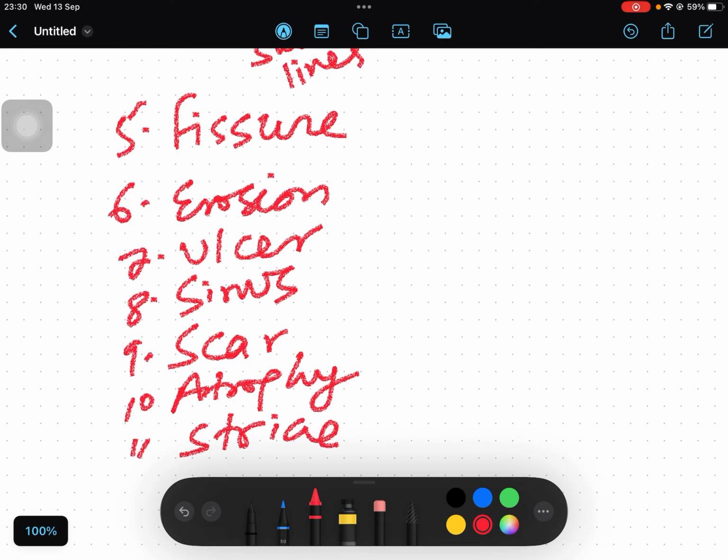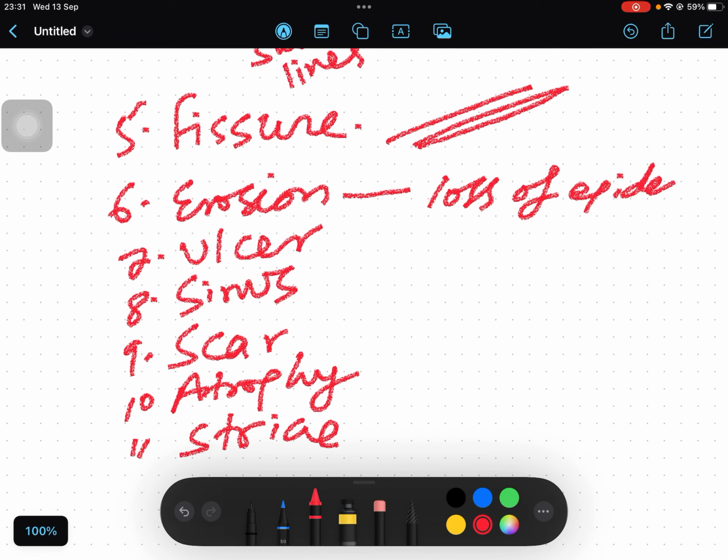So fissures are linear and the edges are vertical. They are seen in chronic hand eczema and chronic foot eczema. Erosions result because of loss of epidermis. Loss of epidermis, usually in case of bullous disorders or drug reactions. In case of ulcer, there is loss of both epidermis and dermis.